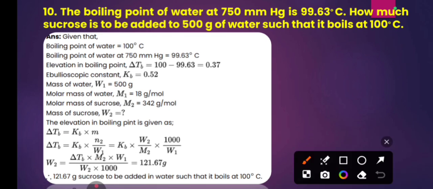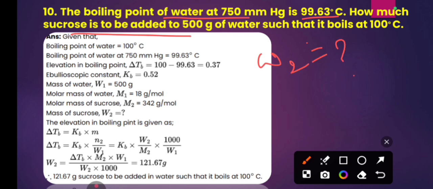So next numerical: the boiling point of water at 750 mmHg is 99.63 degrees Celsius. You have to take care what value is given here. This is the boiling point of water, of the solvent. How much sucrose is added, it means W2 you have to solve.